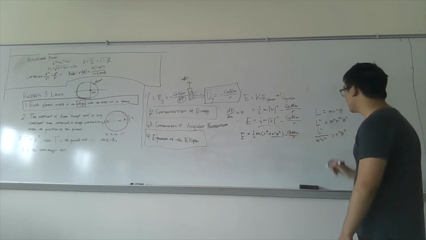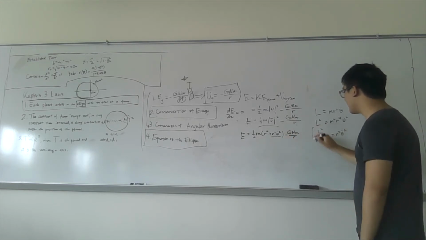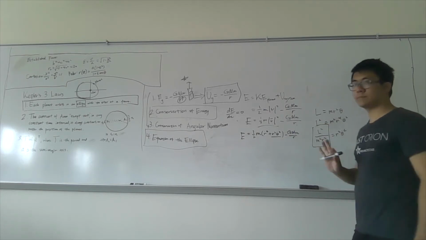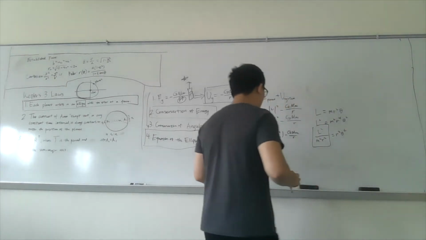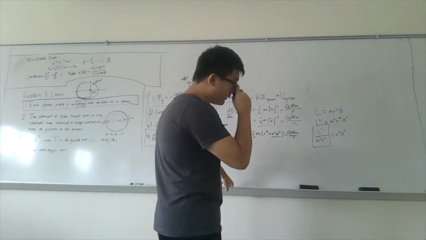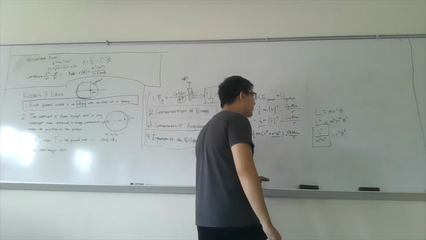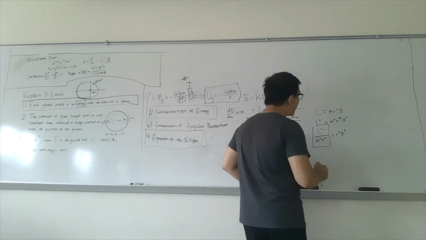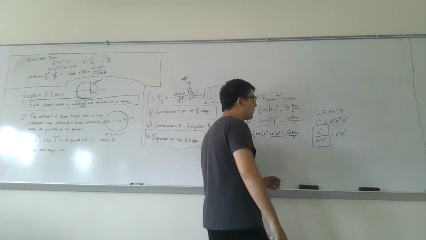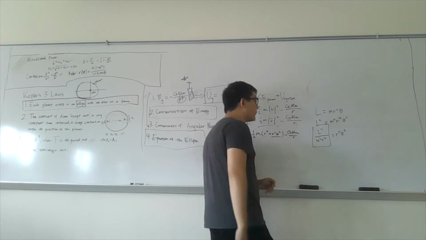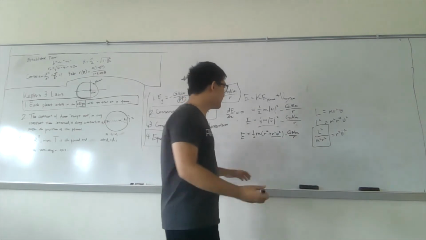This expression right here is equal to a constant, and that constant is that. Very nice. Sorry, that's not right. Why did I say that's a constant? It's not a constant because there's still r in there, but it doesn't have the time derivative of theta. So that's nice.